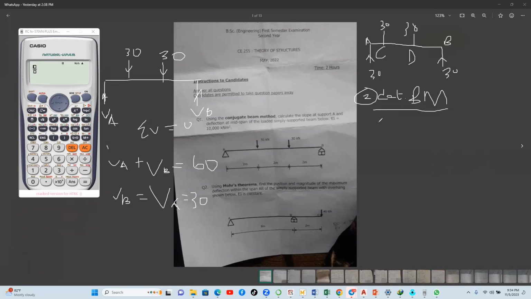So at A, you are going to cut at A. Then you take either your left or your right. When you cut at A, the right hand side is going to be something like this. Here is 30.